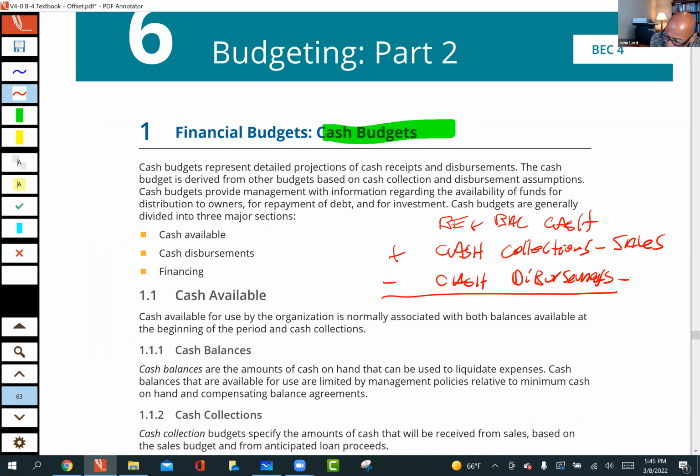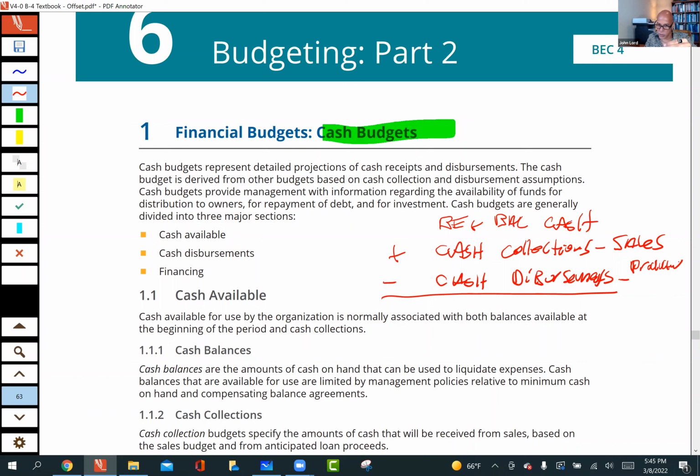Minus the cash disbursements will give us our ending balance of cash. And the cash disbursements, by the way, will come from our what? From our production budget, which is going to be the cash we'll need for our direct materials, our direct labor, and our cash part of the manufacturing overhead.